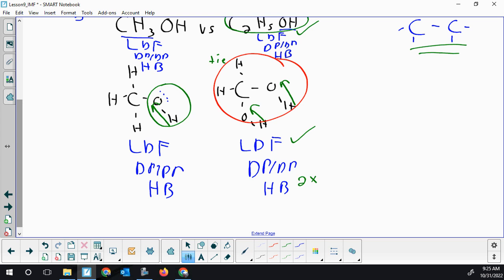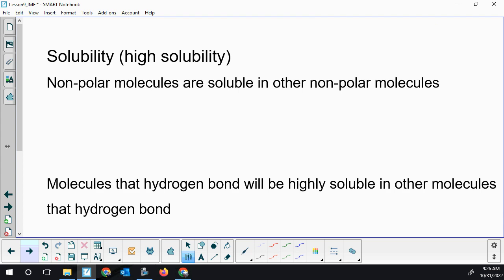So that was figuring out boiling points. Okay. When can we mix an almost infinite amount of solute into a solvent? When do we have incredibly high solubility?